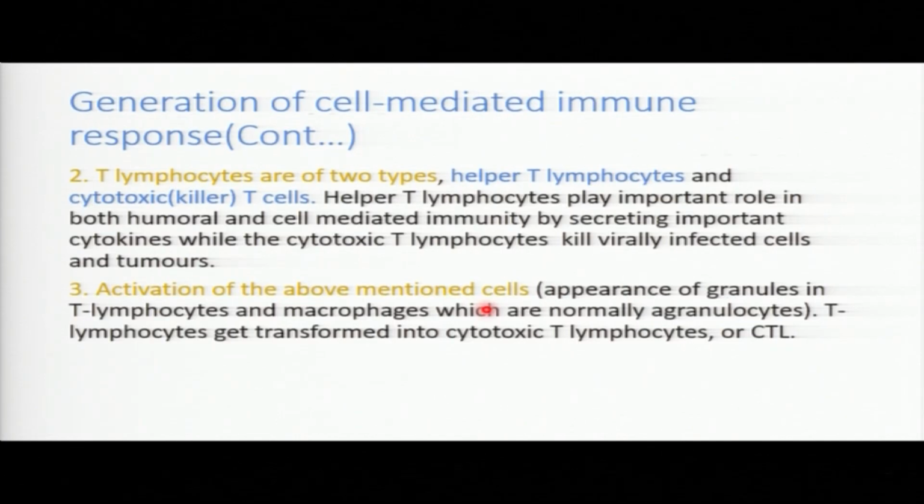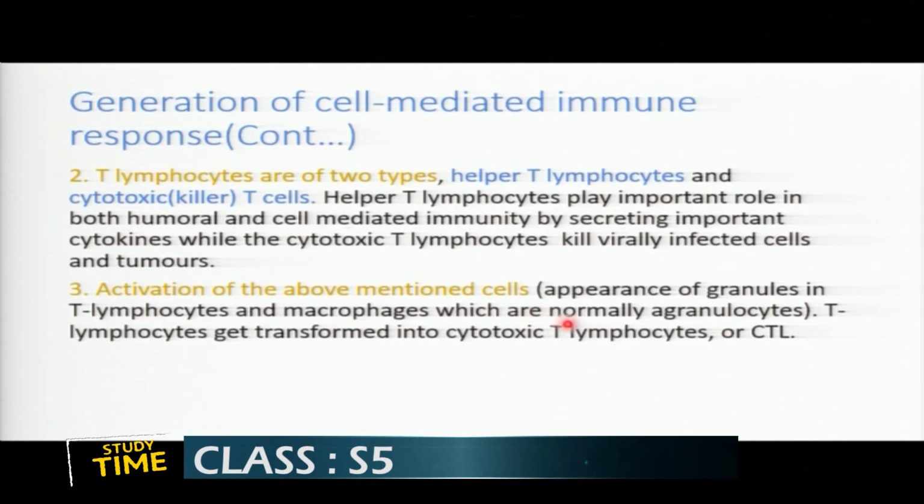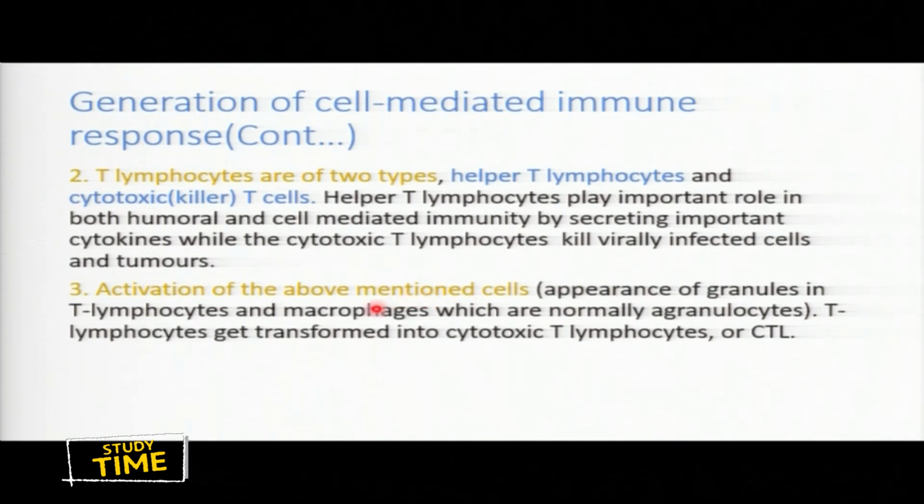Now, when those cells are activated, they can protect our body. So T lymphocytes get transformed into cytotoxic T lymphocytes. These cytotoxic T lymphocytes are known as T killer cells. They kill infectious cells.